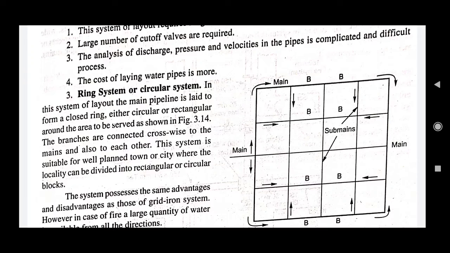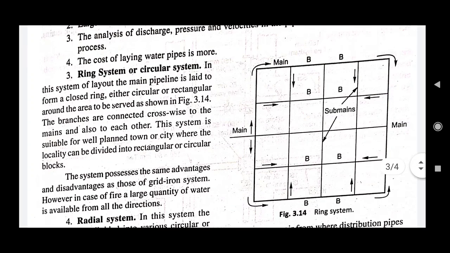From these main pipelines which are encompassing the periphery of the locality which it is going to serve, the sub mains and the branches are taken out. This can be either rectangular or circular blocks. This system provides a larger amount of water and also a larger amount of water for firefighting, and the amount of water is also higher in all directions, right?